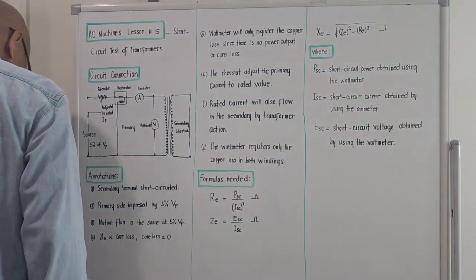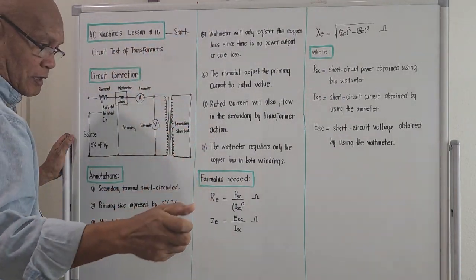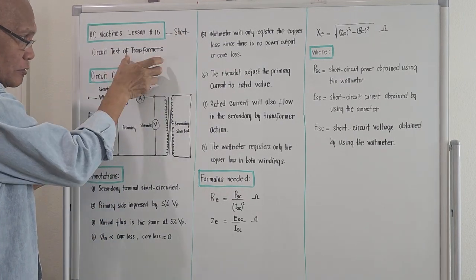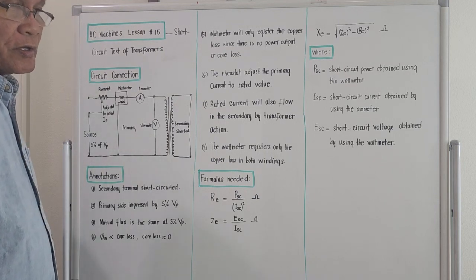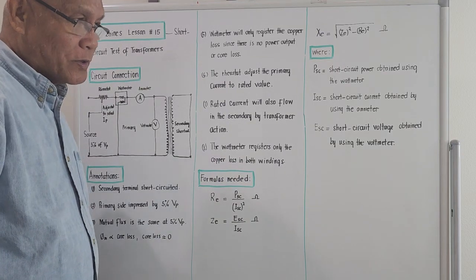The topic for this morning will be alternating current machines, lesson number 15, and the title of the topic is short circuit test of transformers. Short circuit test, what do you call this in simple words?